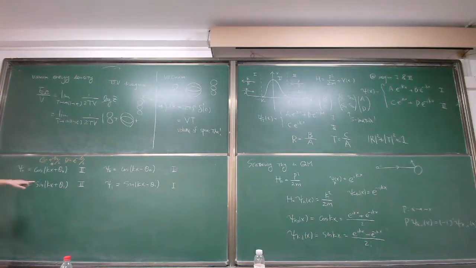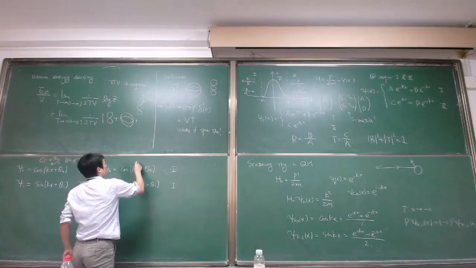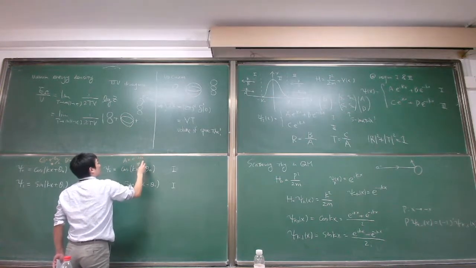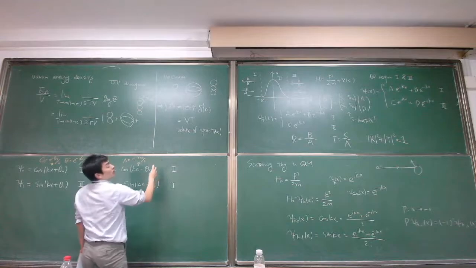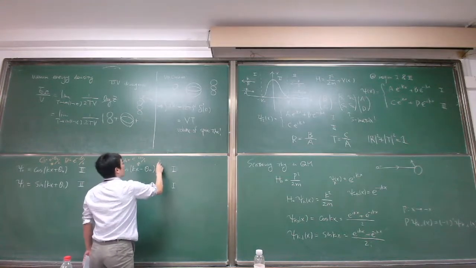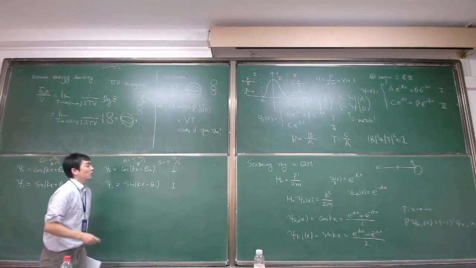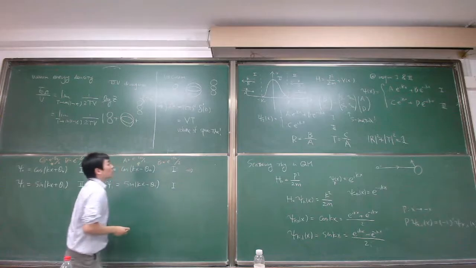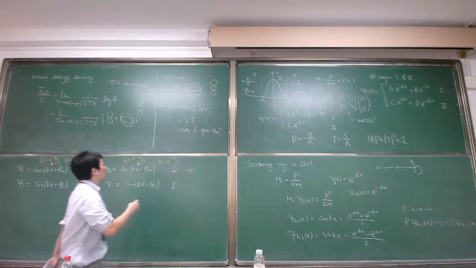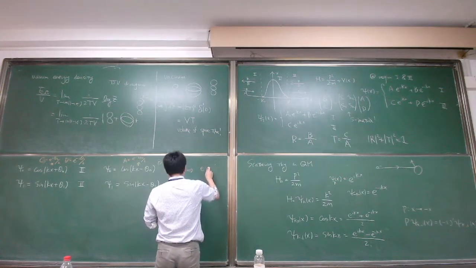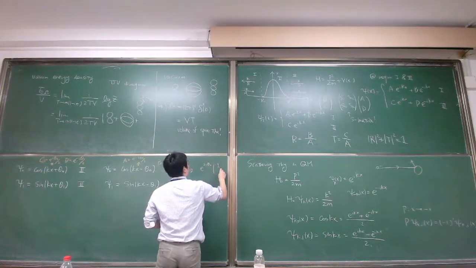If you plug this one in, you get cos(kx plus theta). Okay? And here in region 1, A should be e to the minus I theta naught divided by 2, and then B should be equal to e to the I theta naught divided by 2. Okay, plug this one into there. The S matrix should be something like e to the 2 times I theta naught times 1 1.